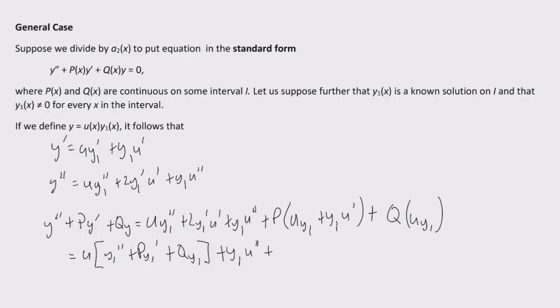Then all the u prime terms we'll group together, so that would be 2 y1 prime plus p y1 times u prime, equals 0. Initially we had the original statement that the whole expression equals 0, so this whole expression has to also equal 0 based on what we've seen.